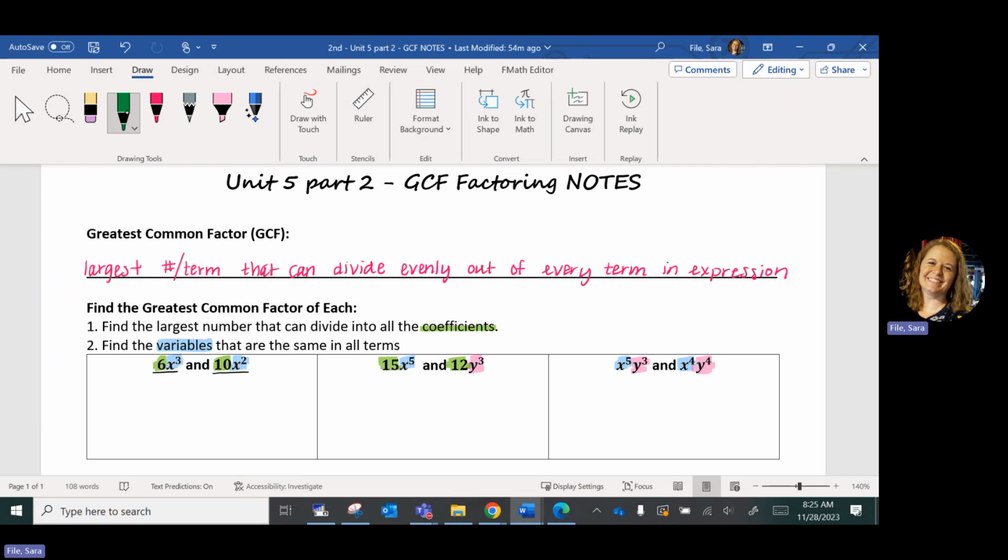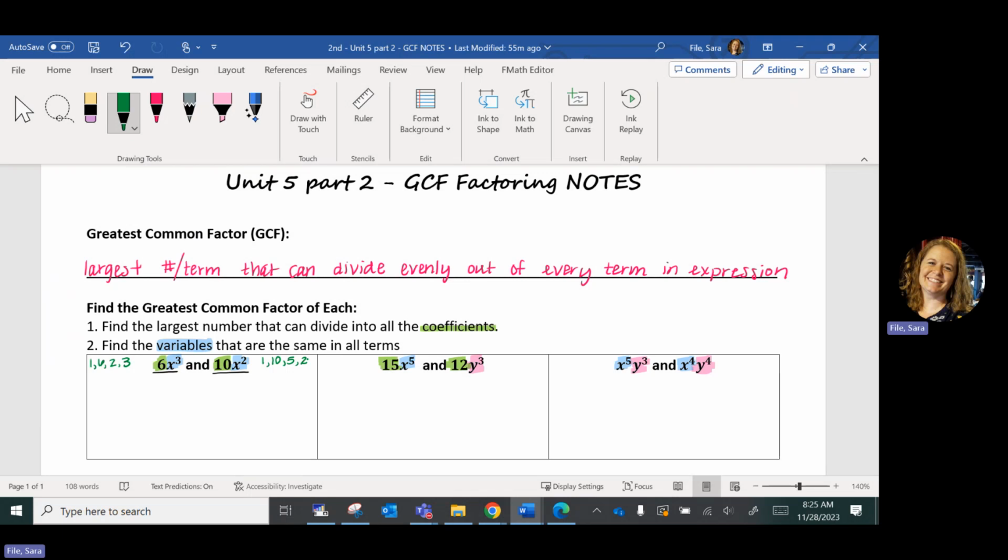If it helps you to list them out, 1, 6, 2, and 3. What are the factors of 10? 1 times 10 would give me 10. What else? 5 and 2. Anything else? Or is that it?